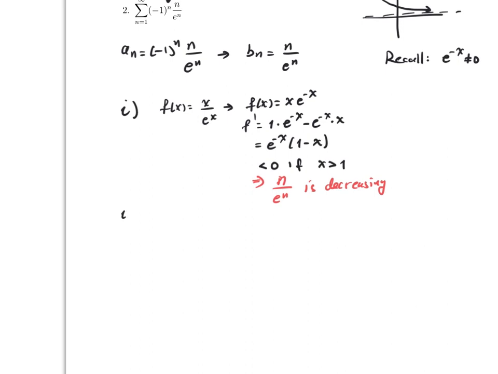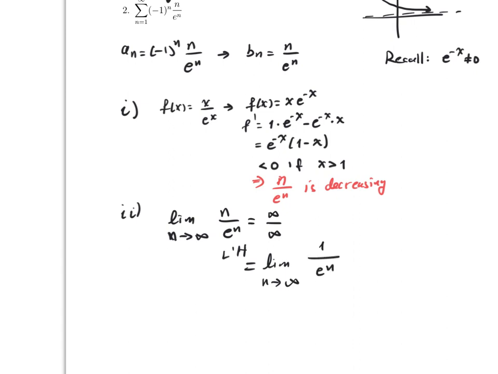And then number two, you need to find that the limit as n goes to infinity of n over e to the n is 0. Notice the limit of this is actually infinity over infinity. So by L'Hopital's rule, this will be the limit as n goes to infinity of 1 over e to the n, which is 1 over infinity, which is 0.